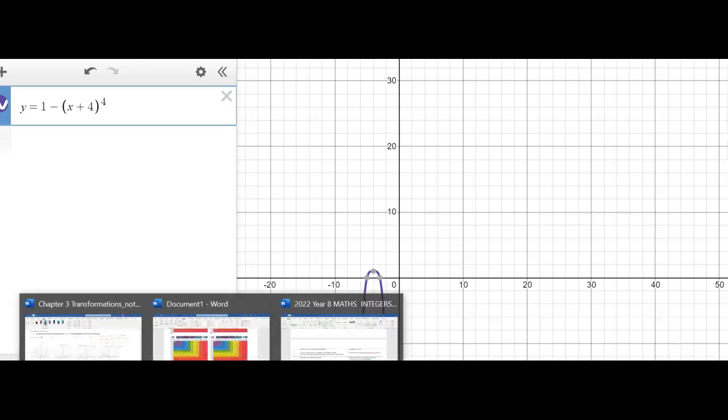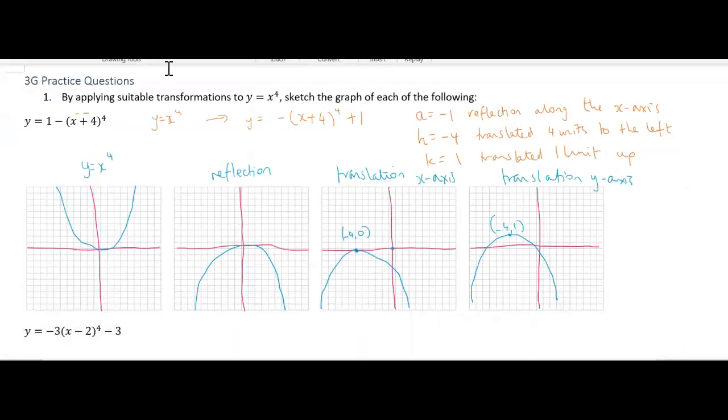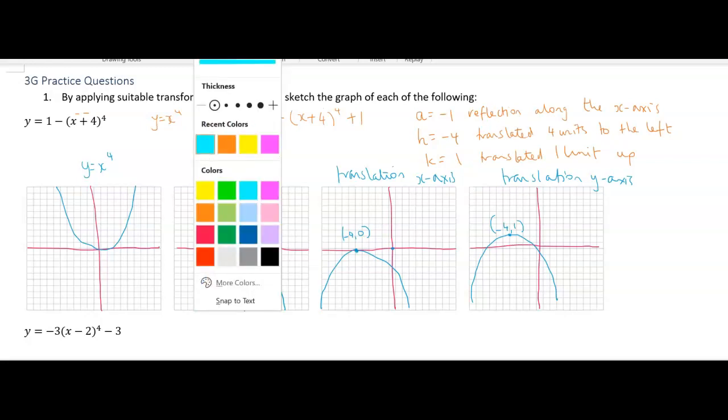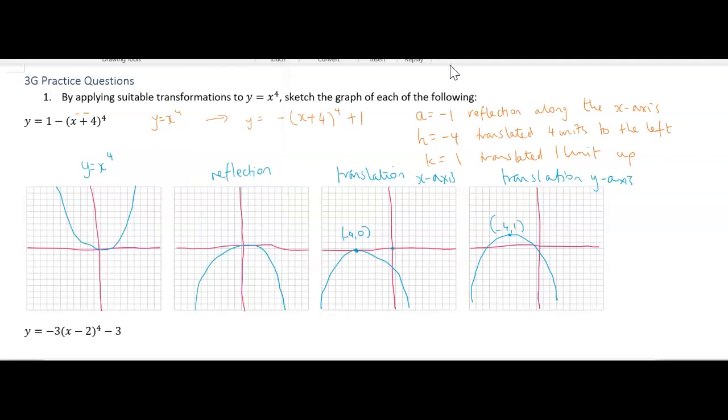Now, let me just go back. Another important feature, which I just realized, is your turning point. Remember, this gives you your turning point. So negative 4, 1, although I've rewritten the 1 here at the end.